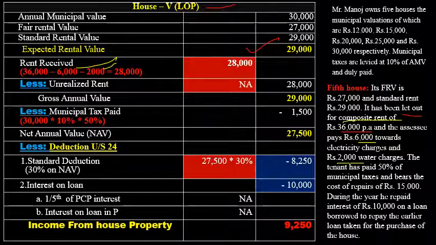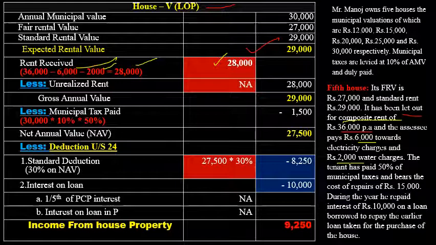Composite rent means the rent which includes the cost of other facilities. So the cost of other facilities is to be deducted, and the balance amount is the rent of the house property. So the actual rent of the house is 28,000. So rent received is 28,000 for the fifth house, and there is no unrealized rent and no vacancy period.